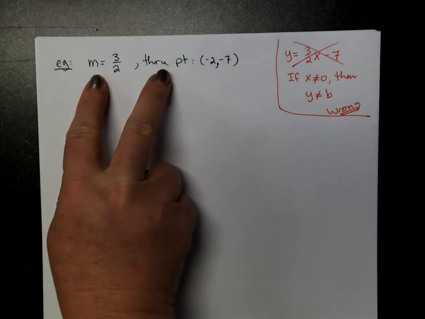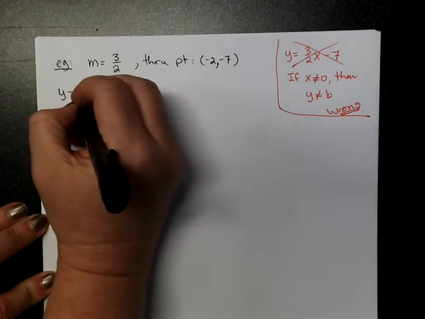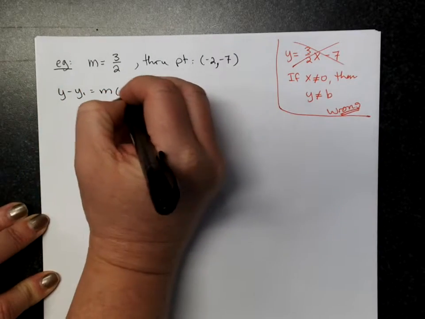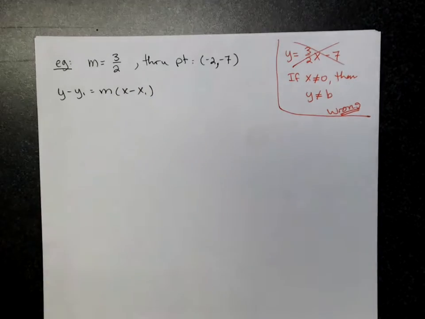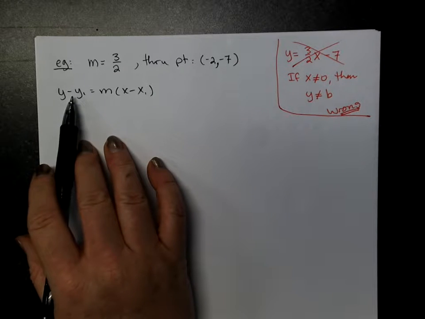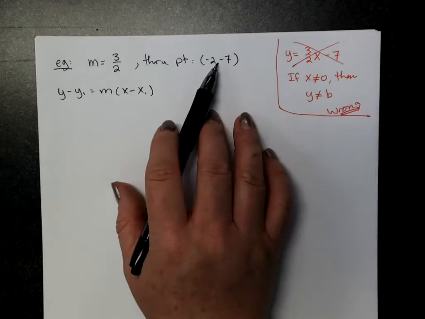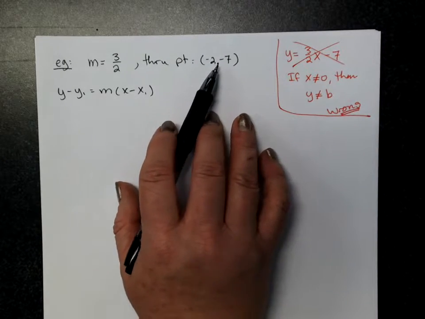So I have my slope and I have a random point. I'm going to need to use y minus y1 equals m times x minus x1. Now be careful. Remember, this formula has subtraction. Subtraction matters. If you are subtracting a negative coordinate, that changes things. Okay?